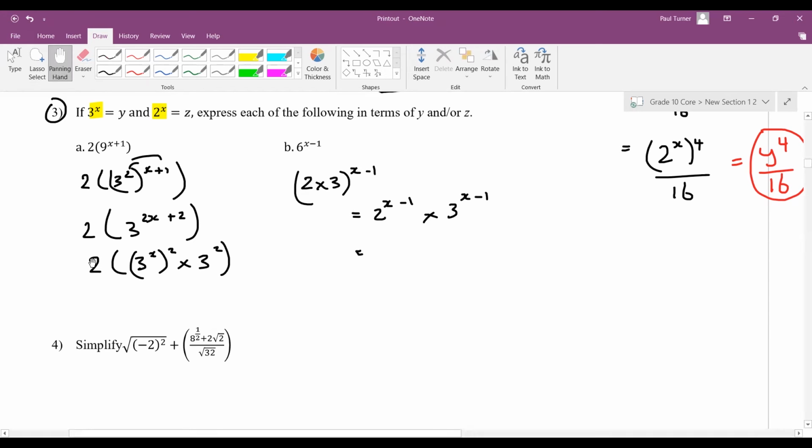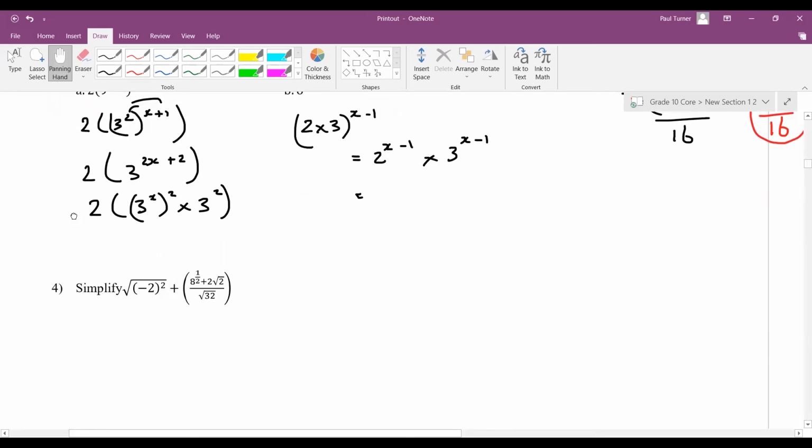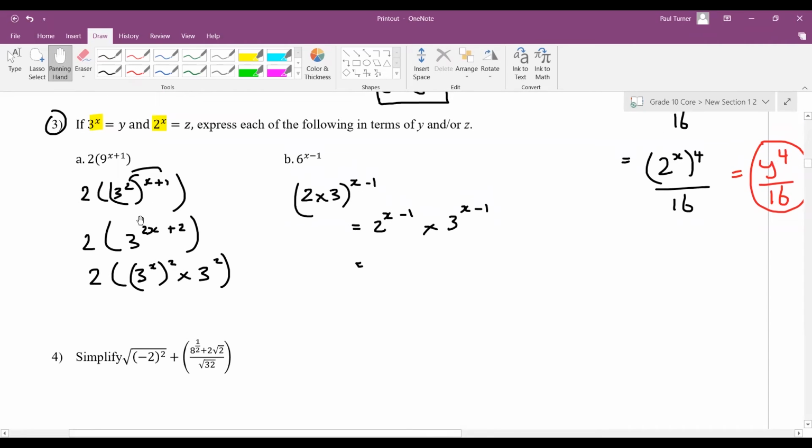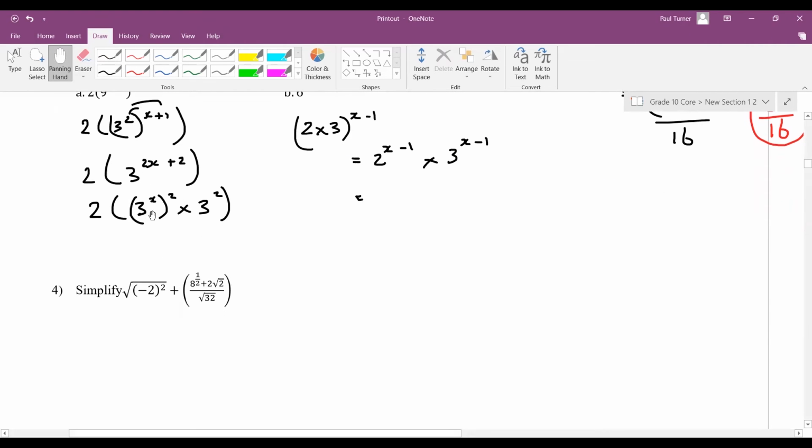Okay. So we'll go on. So in that case, 3 power x is y. So I'm going to put y into here. Y squared times 9. So you get 18 y squared for the answer for that one.